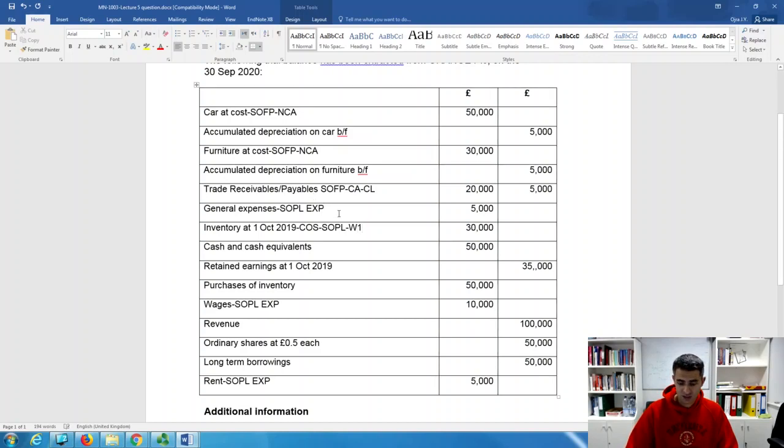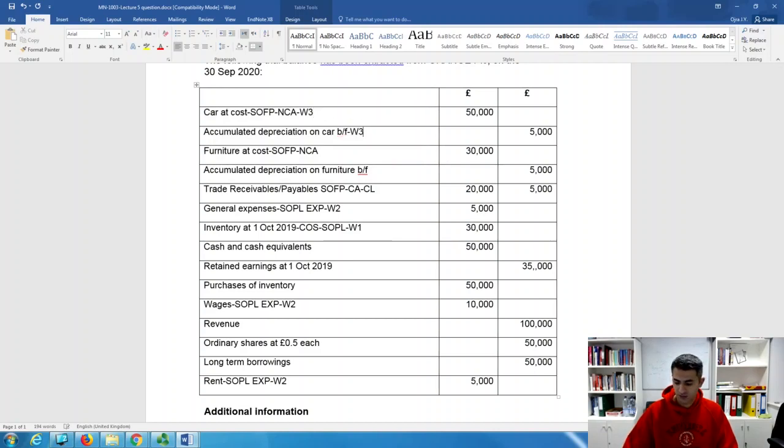So expenses, as we said, we do working two for it, all the expenses here. For the first four, including the non-current assets, we do working three for it.